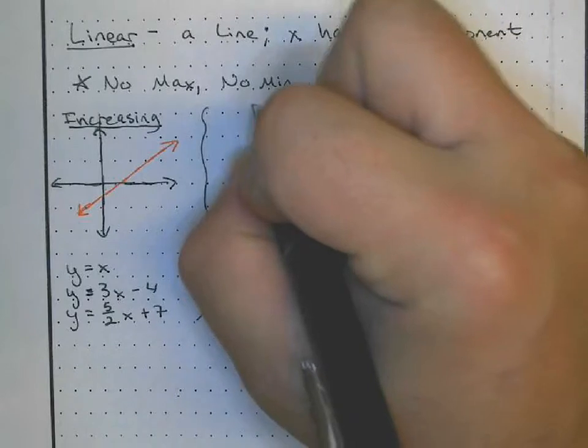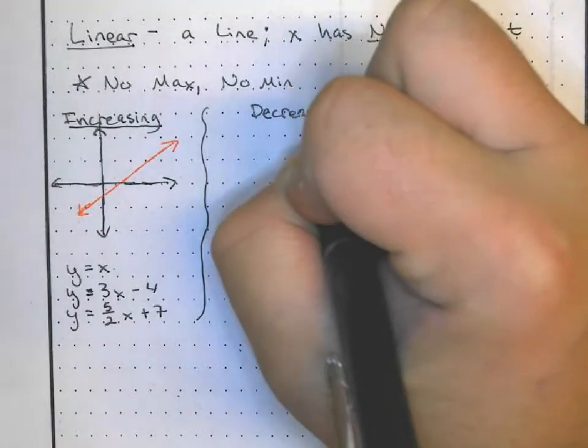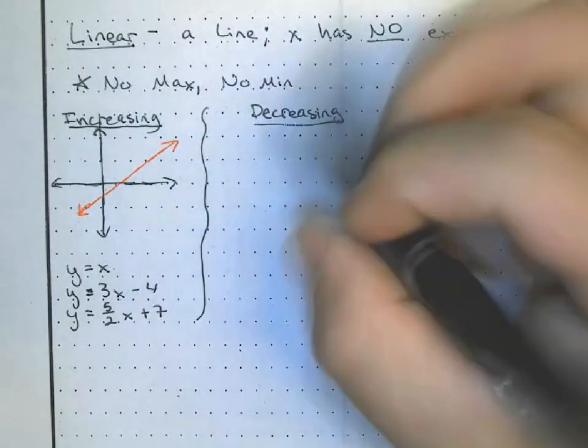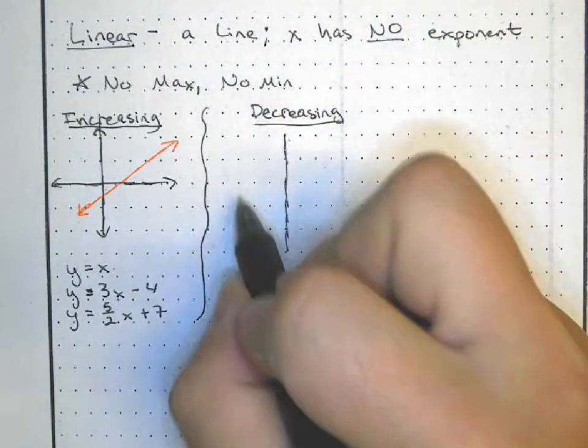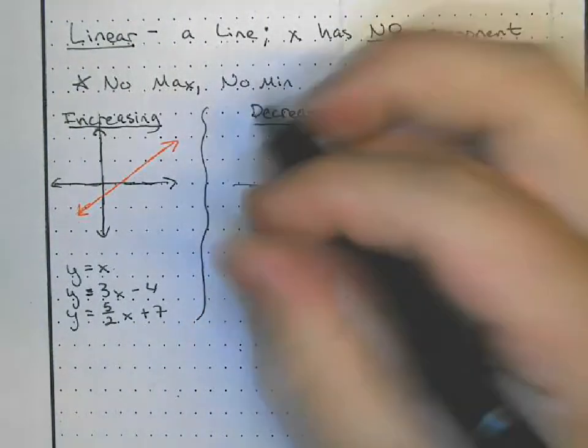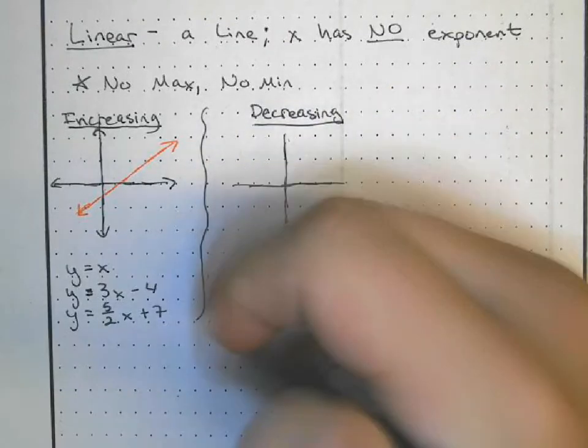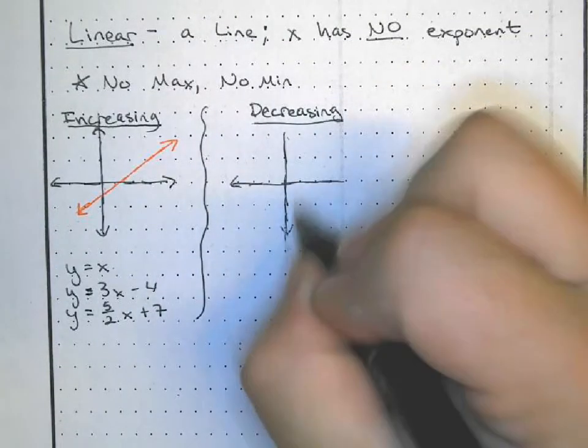Now when we're looking at decreasing, now we're going down when I travel left to right.